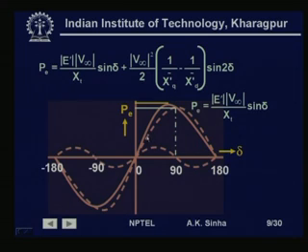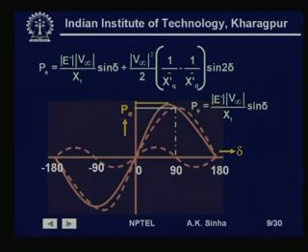Now, suppose we slowly keep on increasing the power output of the machine. That is, we very slowly increase the mechanical input to the machine. What is going to happen? Because of that, the delta angle will keep on increasing. It will start from here, and we will keep increasing very gradually, so the machine operating point will keep on moving.